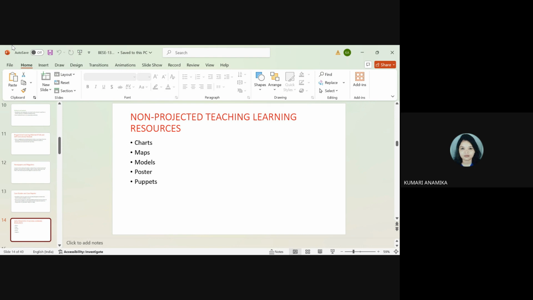Okay, after that, model. When we talk of this model, suppose I want to teach the functioning of the heart.